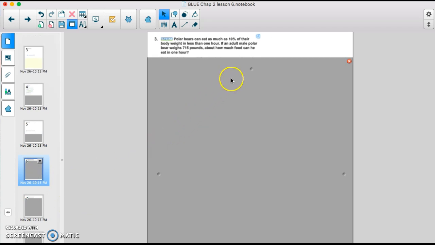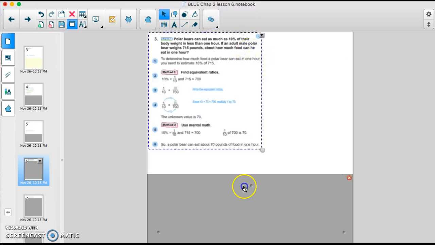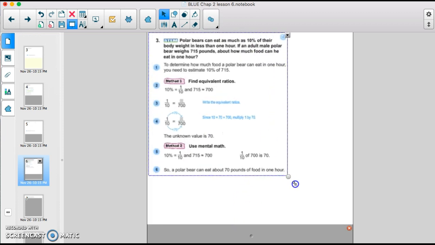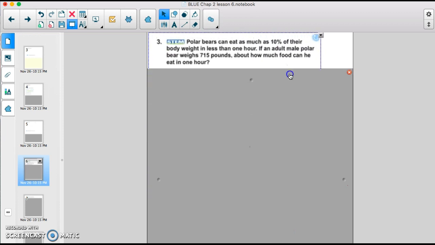Okay, sometimes we have word problems. Polar bears can eat as much as 10% of their body weight in less than 1 hour. If an adult male polar bear weighs 715 pounds, about how much food can he eat in 1 hour?